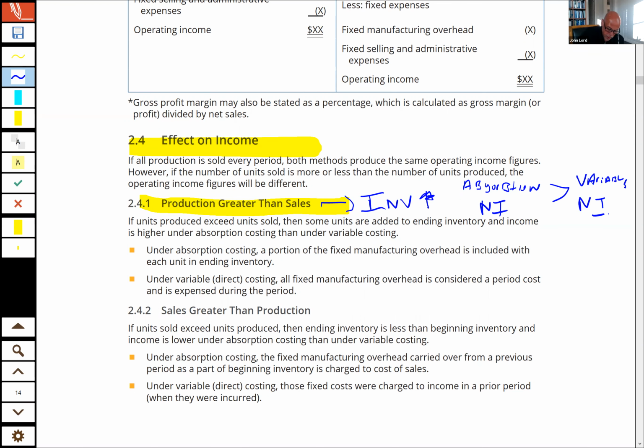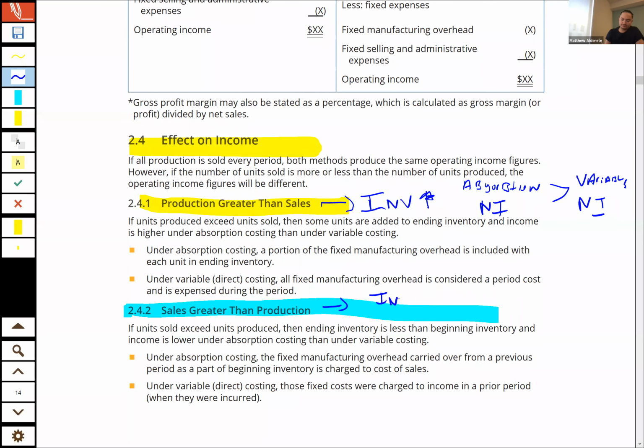If my sales are greater than production, will inventory levels go up or down? Not a trick question. Down. Good. And if inventory levels go down, then my absorption, I'm going to call it abs, guys, my absorption net income will be lower than variable.